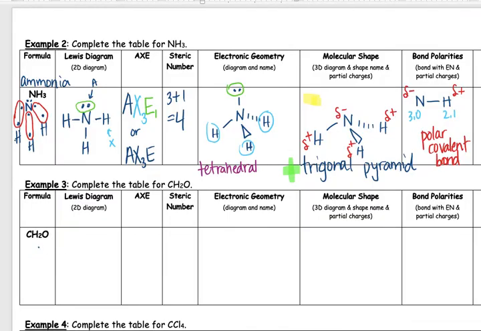So again, we're looking here. We've got carbon, hydrogen, and oxygen. So let's again start building our Lewis diagram. Carbon has a bonding capacity of 4. We've got a couple hydrogens like that, and then we have an oxygen.